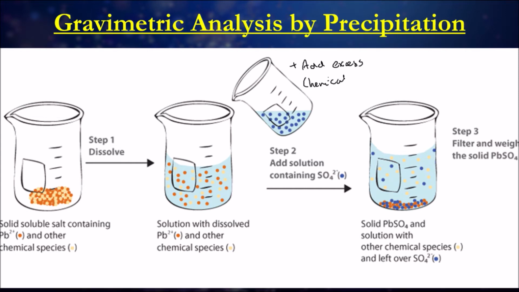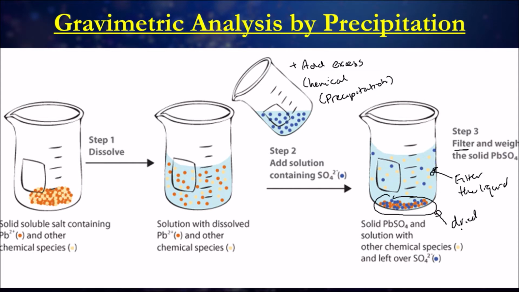This is going to cause precipitation. Okay, once we get precipitation, we are going to remove all the other liquids, or we're going to filter it out. So filter the liquid, and we are going to dry the solid, and we're going to measure it afterwards.